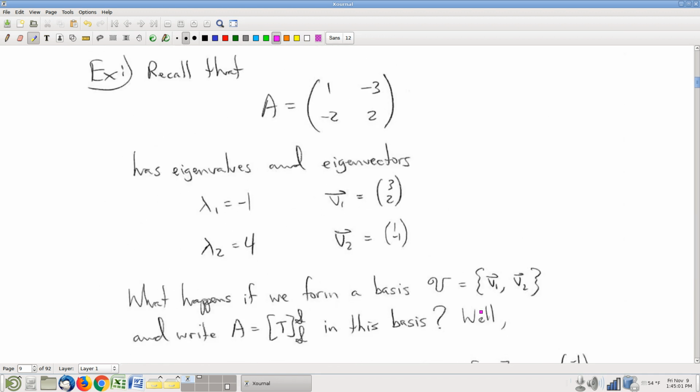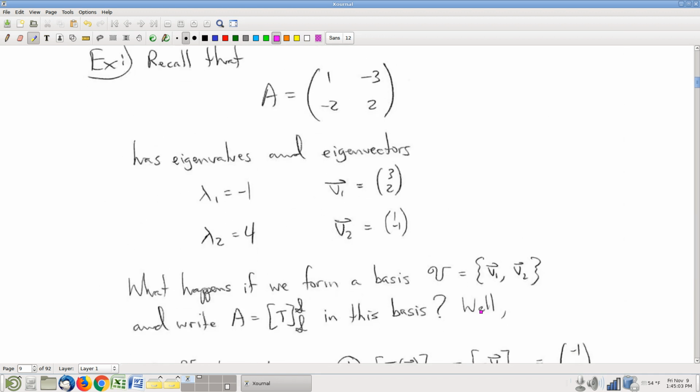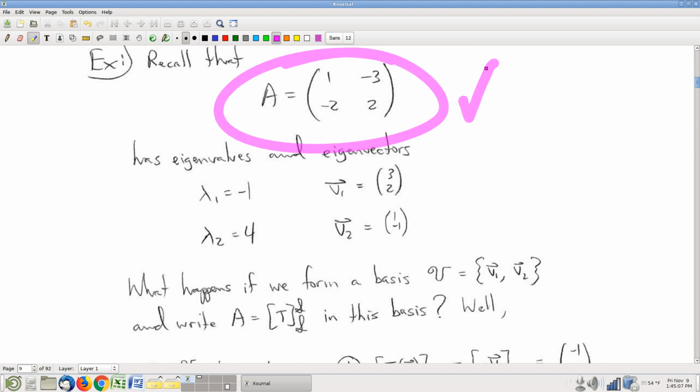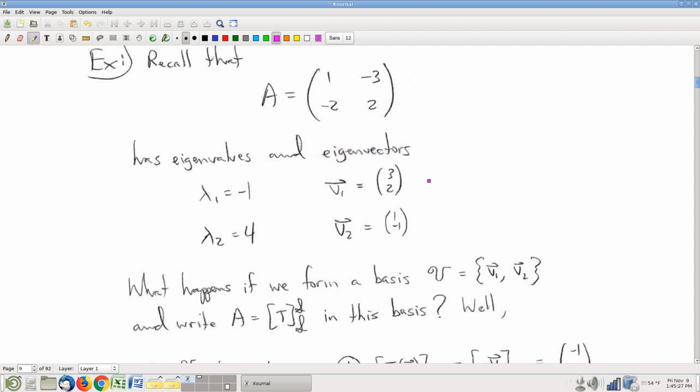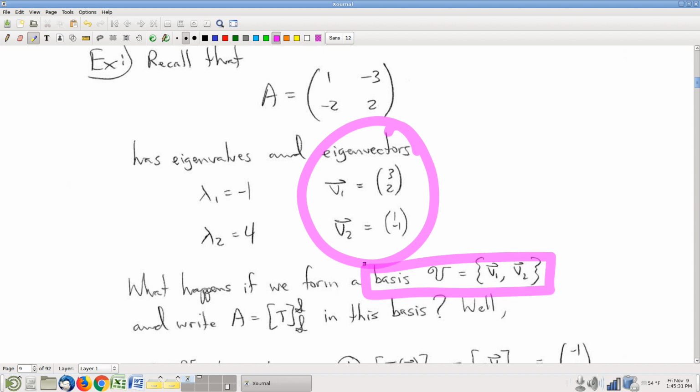Okay, so here's where we left off. We were looking at this example of this matrix that we've already studied. We know the eigenvectors and the eigenvalues. Right? That's arithmetic from section 5.4. And then, for reasons that have not yet fully revealed themselves, we decided to do something seemingly a little bit weird. We decided to take these eigenvectors and use them to construct a basis.